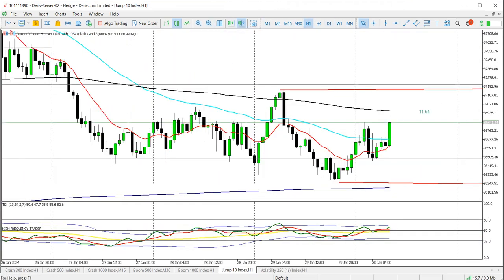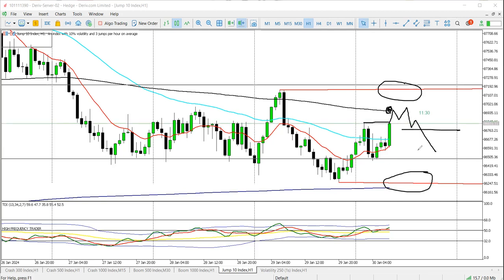What I'm waiting for is to see if I can get a reaction here or here before I participate. Right now, within this range, I do not have a trade unless we create a peak here by extending today's highs. Then we get a pattern from a smaller time frame. Then I can consider a sell going back down here.